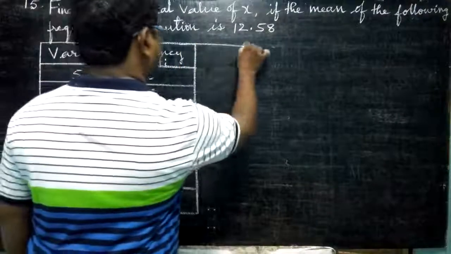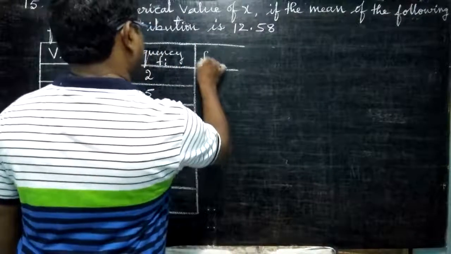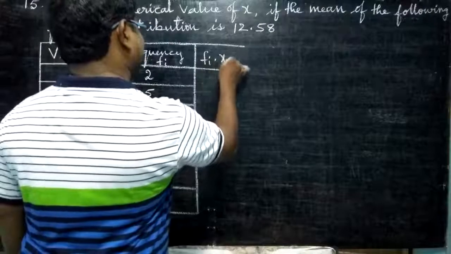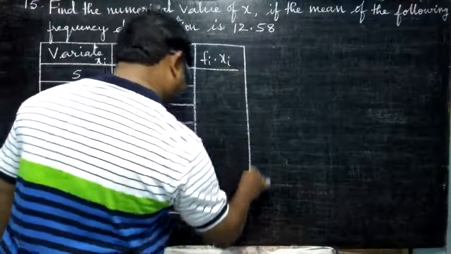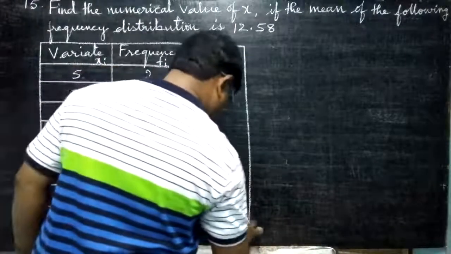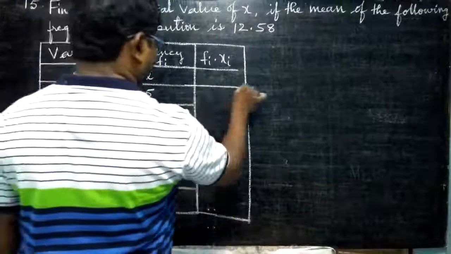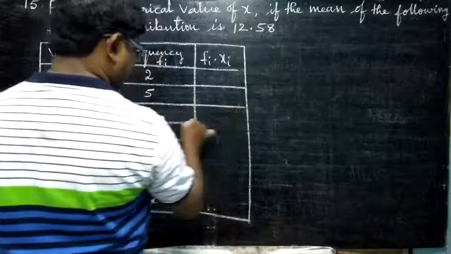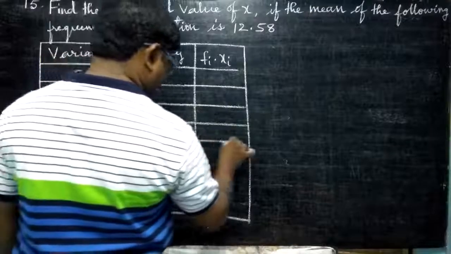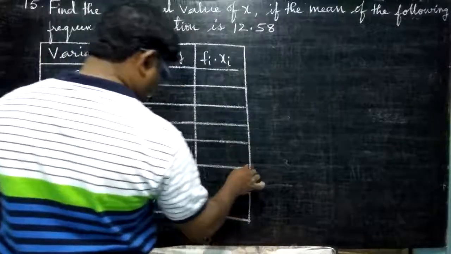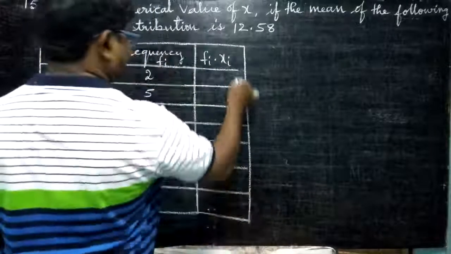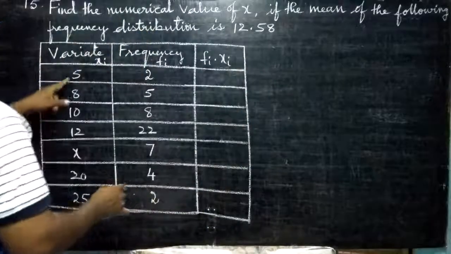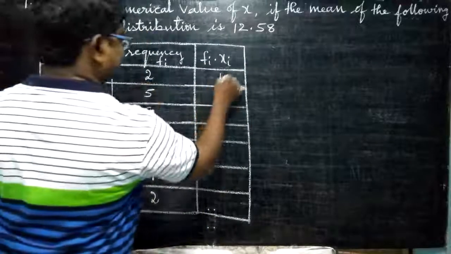Now fi into xi. We are going to multiply. Be careful. Nicely multiply. Be careful in multiplication. Write the digits in ones place, tens place, hundreds place, thousands place, and be careful in addition also. 5 twos are 10.